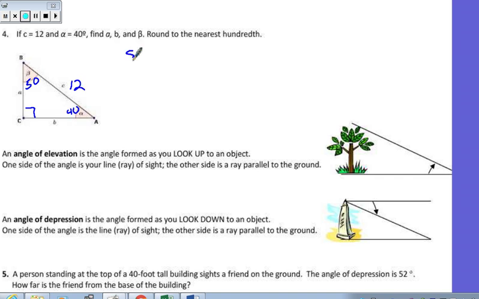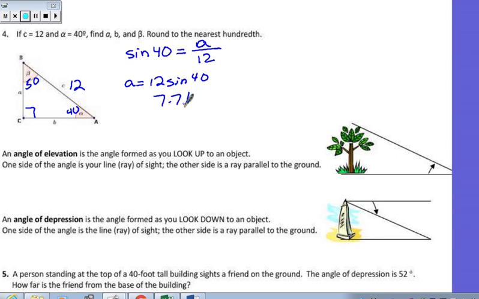So I know that the sine of 40 degrees is going to equal the opposite side A over the hypotenuse, which is 12, not 40. So A over 12. Again, my variable's in the numerator, so we just use our cross products. So A is going to equal 12 times the sine of 40, and that turns out to be about 7.71.